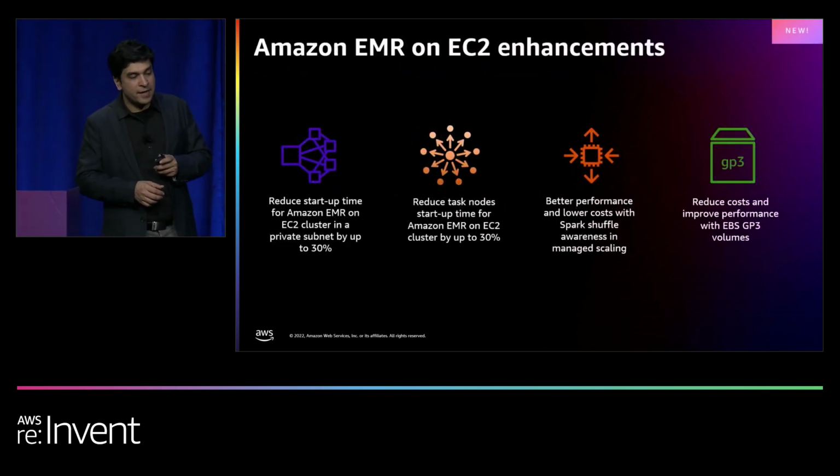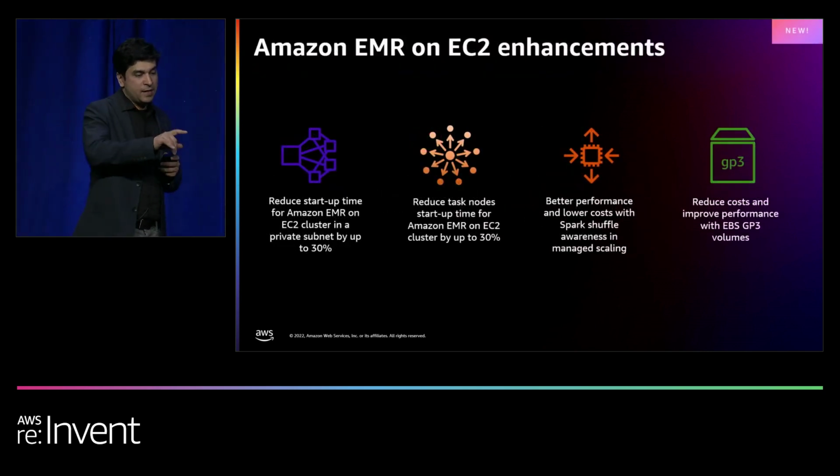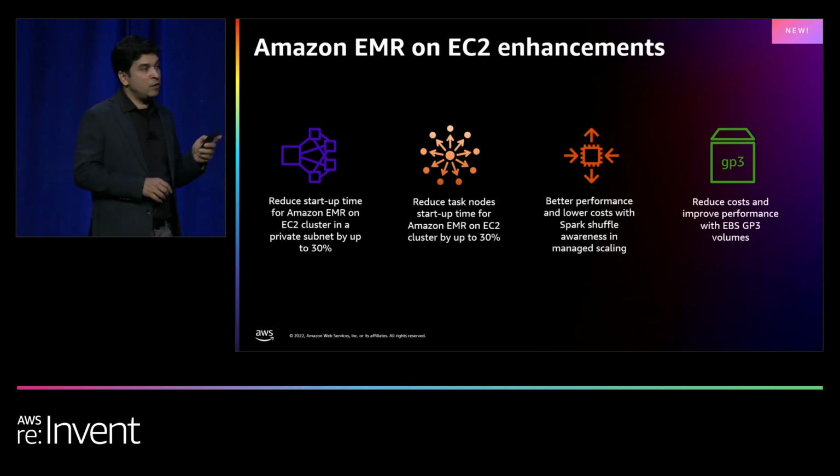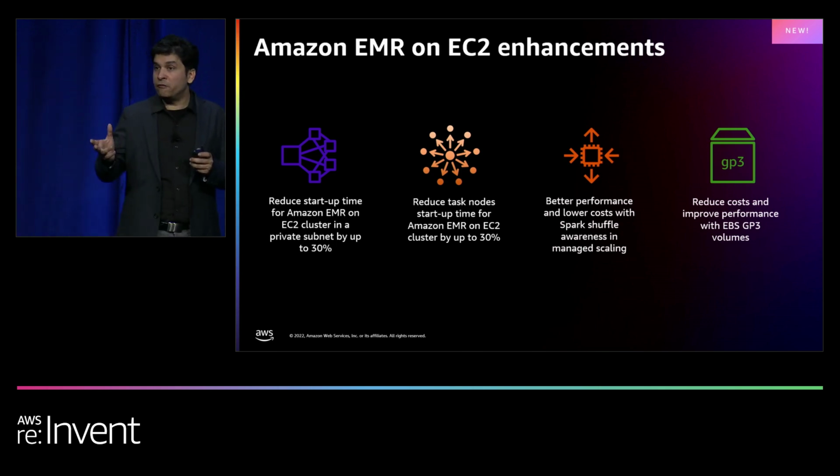Now let's look at some of the enhancements in all of these features that we have done this year. One of our top priorities is reduced startup times, especially for ephemeral use cases like Finra has, for example, where they launch a cluster. It is important that the cluster comes up fast, right? Because the startup time is affecting the SLA of your jobs.